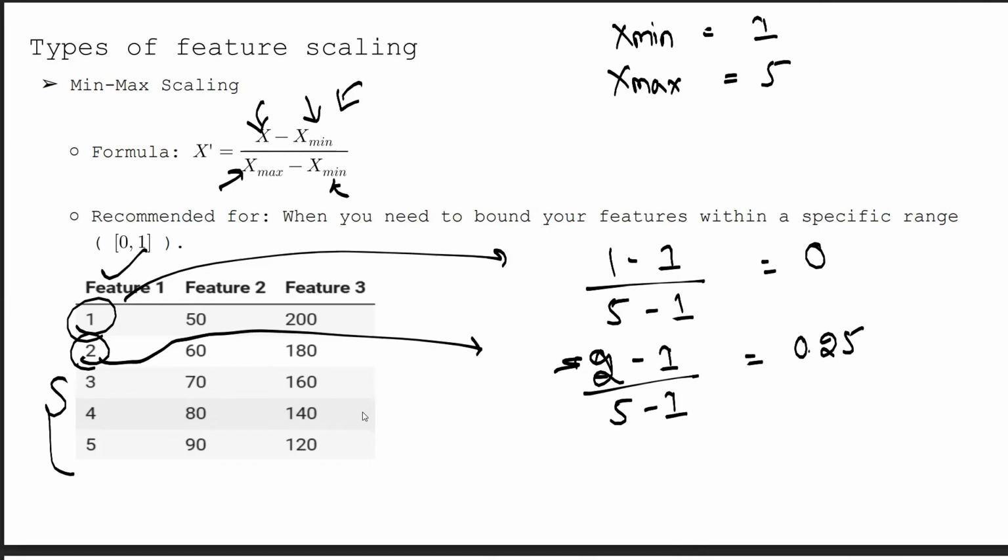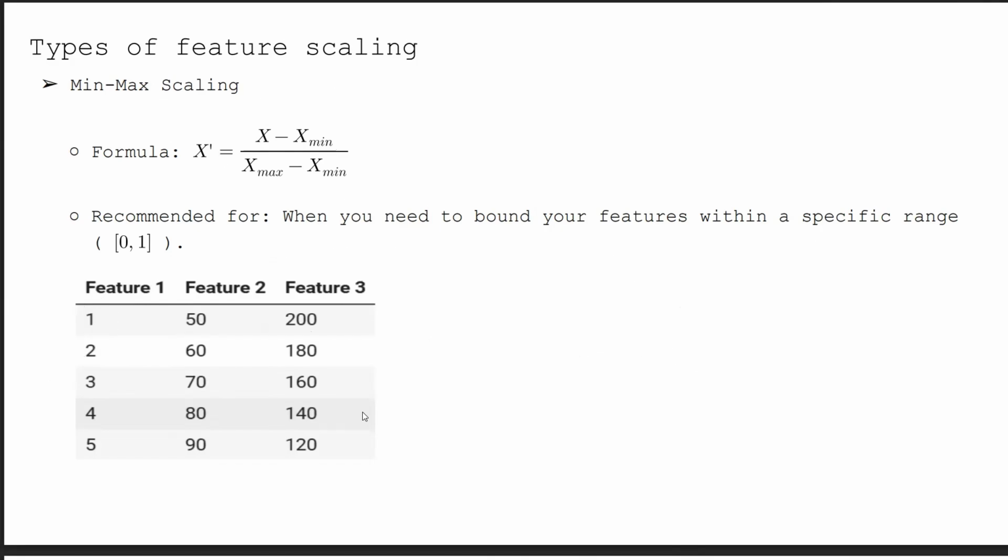And just like previously, for the feature 2 you have to again calculate these parameters, like what is the minimum value here. In the feature 2, it would be 50. The maximum value in the feature 2 would be 90. And just following the formula, we can do the transformation of feature 2 also. For feature 3, the minimum value turns out to be 120 and the maximum value turns out to be 200. And the transformation will again happen.